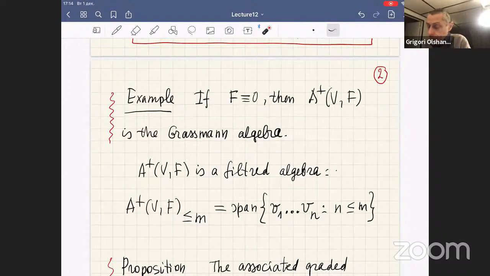By the very definition, it's easy to see that this filtration is compatible with the algebra structure. So we get indeed a filtered algebra.